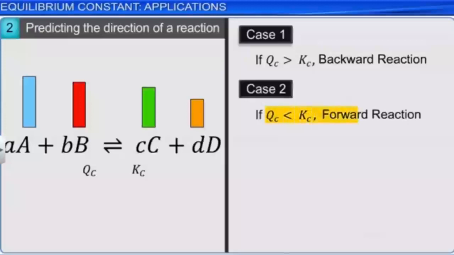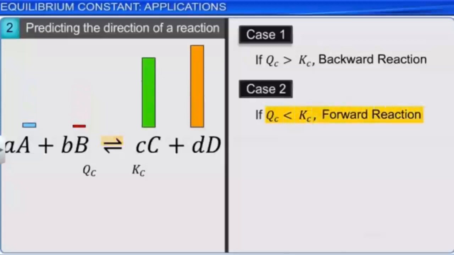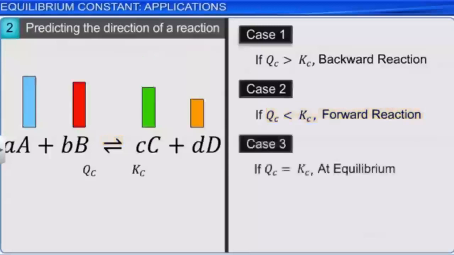That is, the reaction proceeds in the direction of the products. If Qc is equal to Kc, then the reaction mixture is at equilibrium. Thus, we can predict the direction of a reaction with the help of its reaction quotient and equilibrium constant.